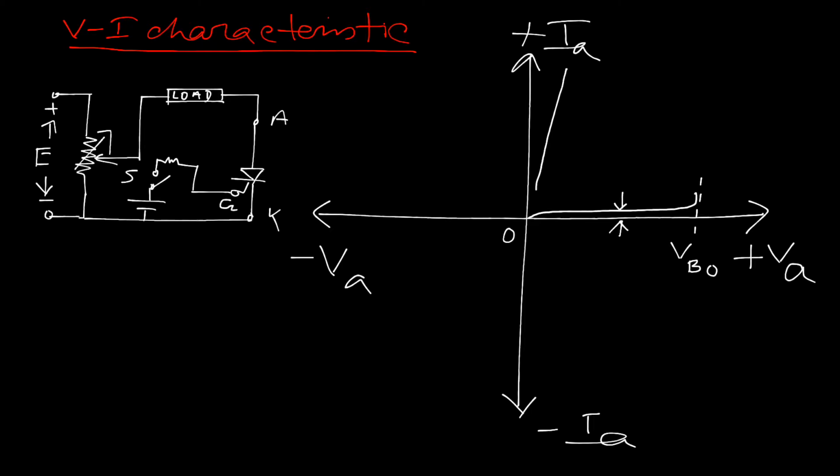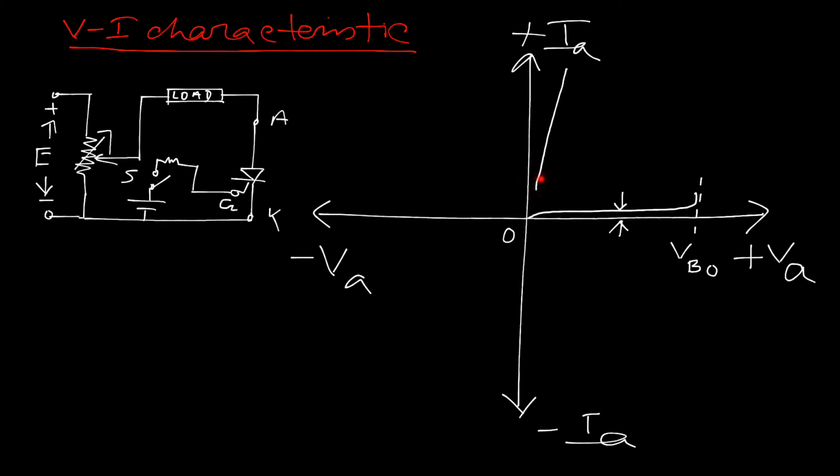Once the switch comes into the on state, the voltage, which was 0 to VBO, now falls to a very small magnitude. Then suppose we increase the forward biasing voltage.